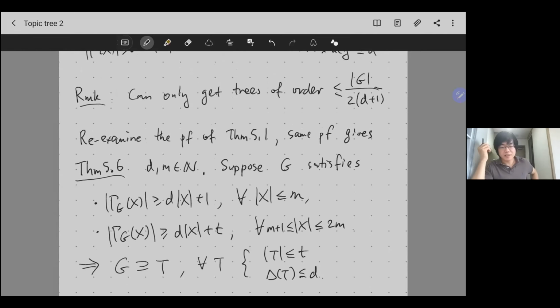If you stare at this second condition, this is basically equivalent to the large set expansion that I mentioned in one of these exercises, saying that when you have a large set, in this particular case, by large we mean between m and 2m, then your external neighborhood is huge, okay? And we've seen previously that random graphs with sufficiently large probability satisfy this natural property.